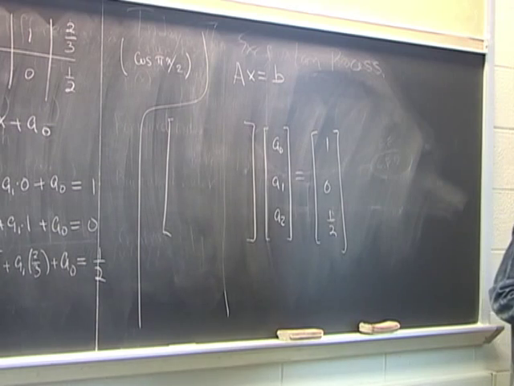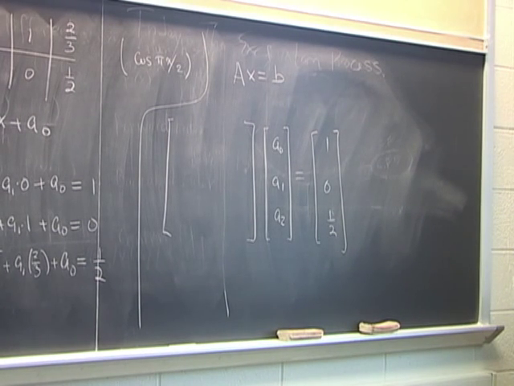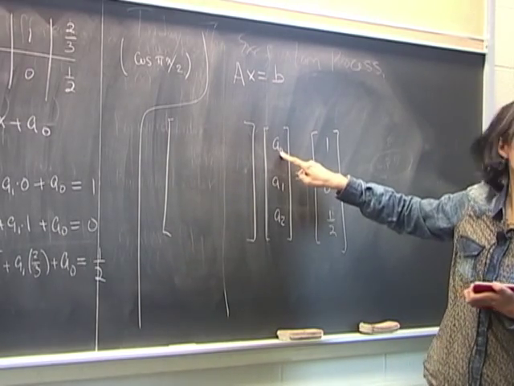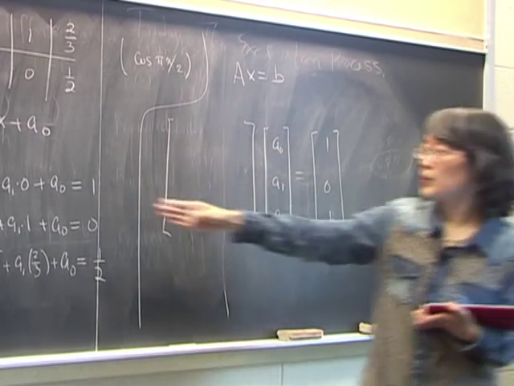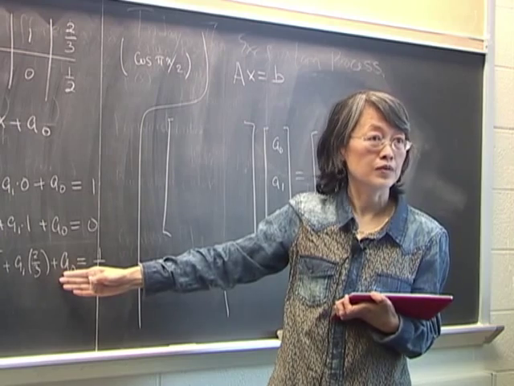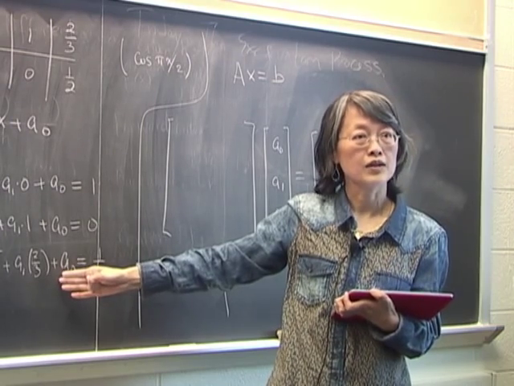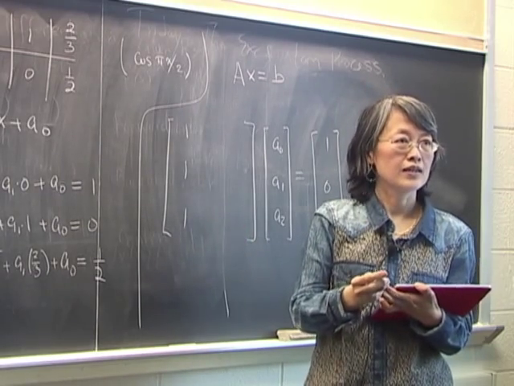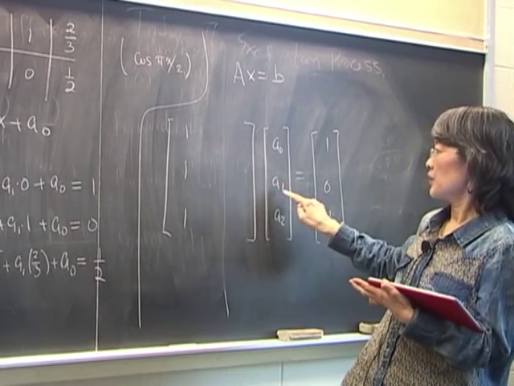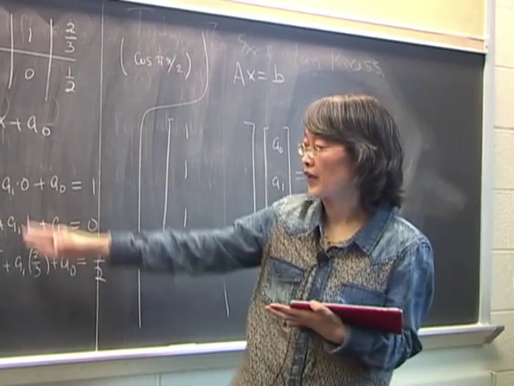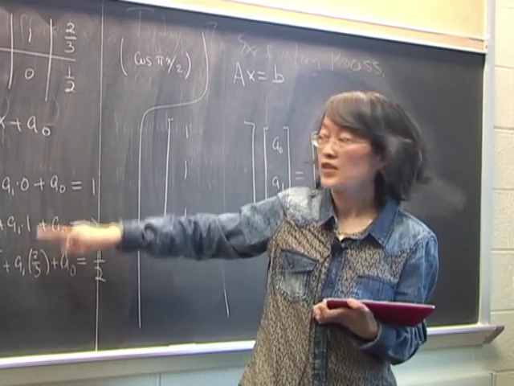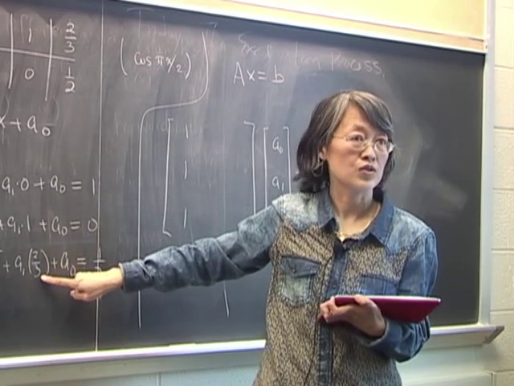How do I fill in the A matrix? Are we comfortable doing this? So what will be the first column? It should correspond to a0. So it will be all the coefficients in front of a0 that you copy down, which will be 1, 1, 1, right? What's the second column? It will be a1. What's in front of a1? Well, it's 0, 1, 2/3. But you know this is x0, x1, x2.